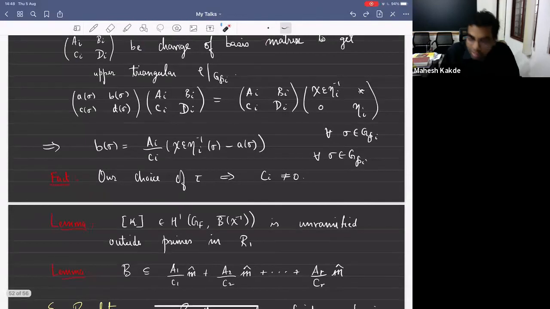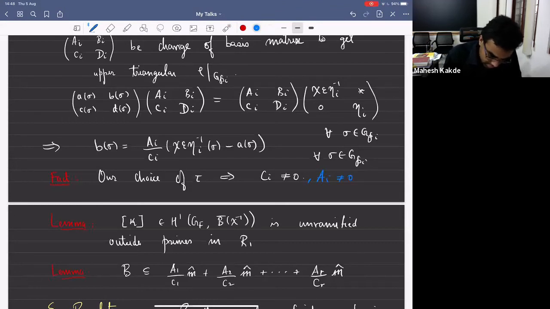If we did not choose tau carefully, we could end up with A_i and C_i equal to 0, or one of them, A_i or C_i, being 0. So our choice of tau implies that A_i is not 0. Let me write it more carefully: these are elements of a product of fields. A_i and C_i, these are in L_M, are non-zero divisors.